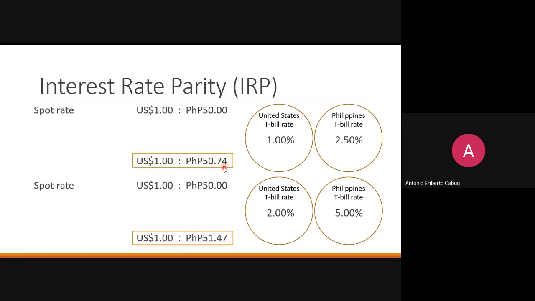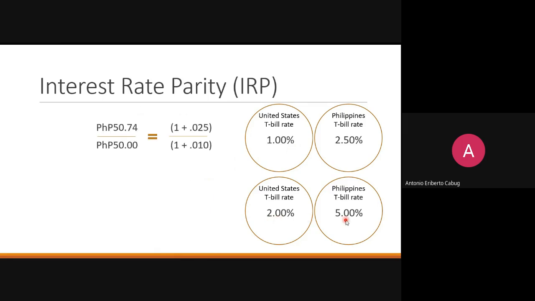1, 50.74. 1, 2.5. 1, 51.47. 2%, 5%. You would find the following relationship. No? Try nyo gawin yung calculation. Magiging equality yan.